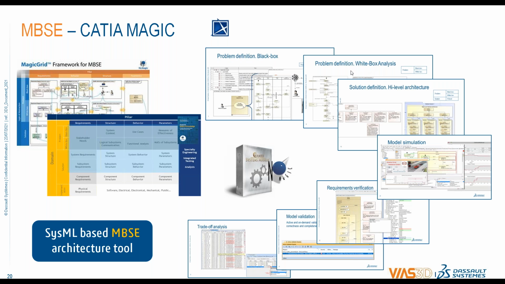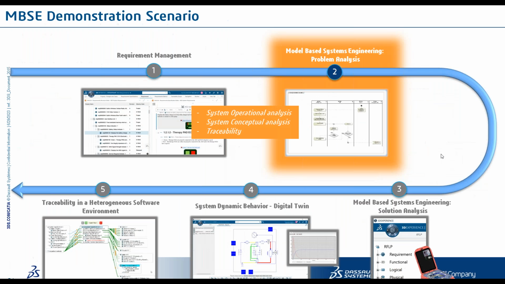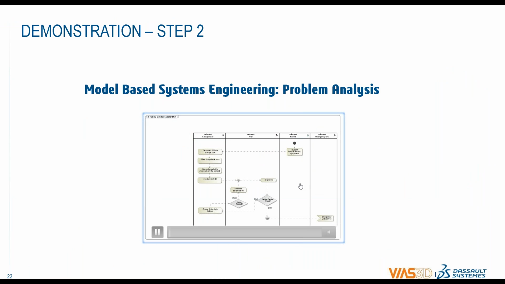The white box would provide you analysis to analyze solutions for your problems, and also the higher level architecture would help you to have a better view of what you are designing. With model simulation, you can analyze different pieces of the design or models that you are developing with different disciplines. So these simulation models can provide you the steps of how the simulation or the design is going to behave.